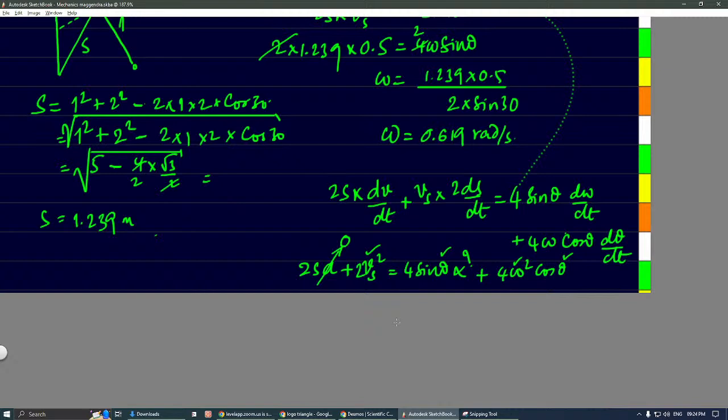Getting it? Yeah, 4 omega square. Omega is 0.619 or 0.62 you can take. How much? 825. Oh. Check.